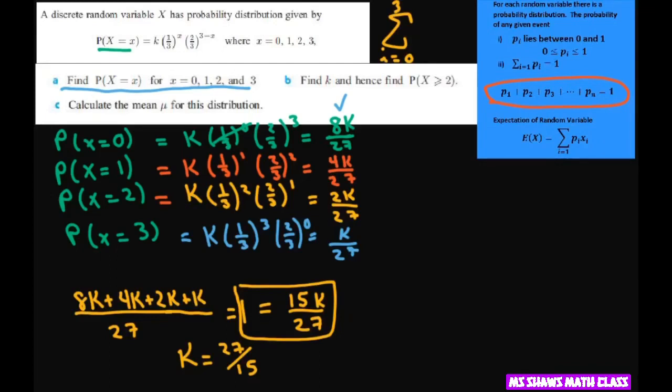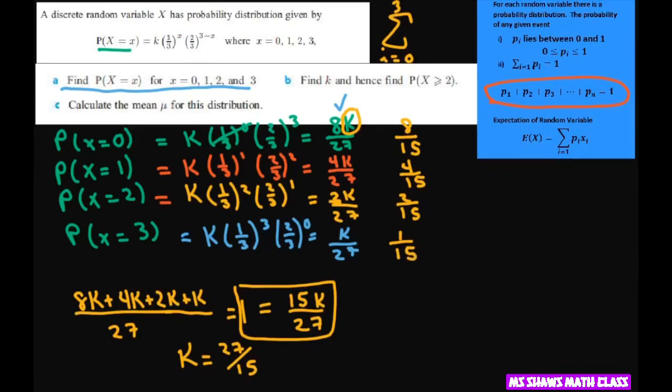When you plug in your k here, 27 divided by 15, the 27s go. So you just have 8 divided by 15, 4 divided by 15. See how we're just taking that 2 divided by 15 and then 1 divided by 15. So that's your 4 numbers.